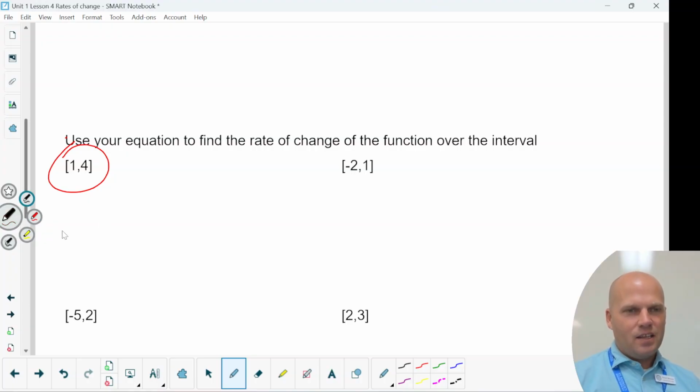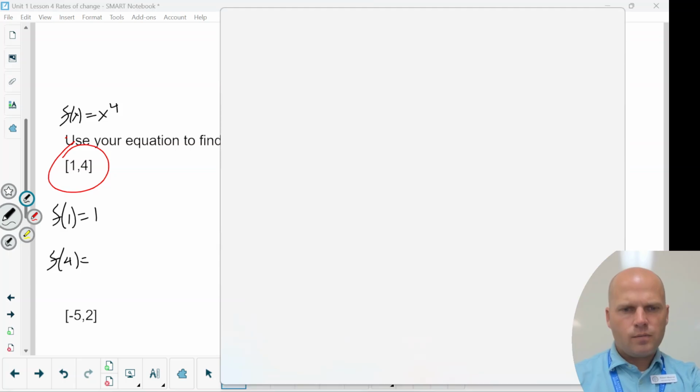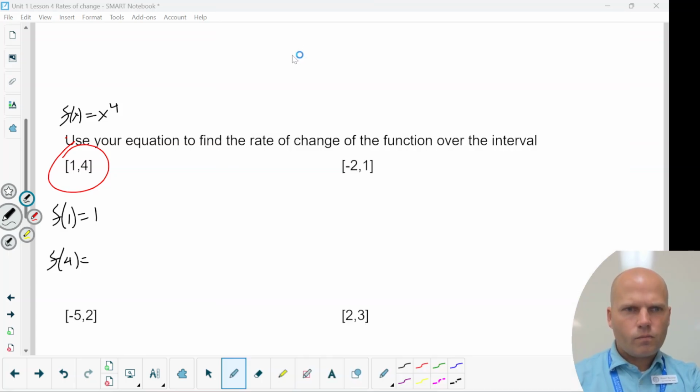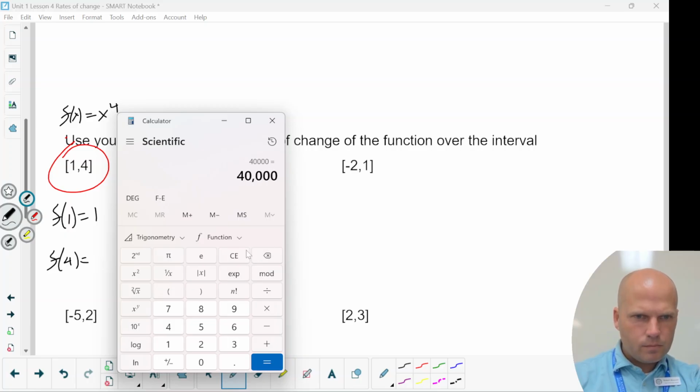If I say f of x is x to the fourth, we'd say f of 1 is just 1, and then f of 4. What is 4 to the fourth? 4, 16, 64. What's 64 times 4? 256.